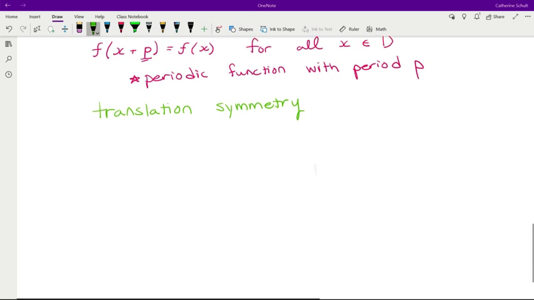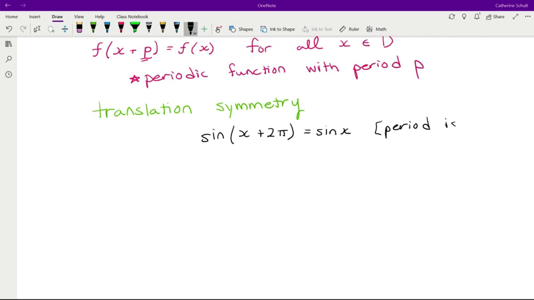Okay, so for instance, we know that sine of x plus 2 pi is equal to sine of x, right? So the period is 2 pi, that p.